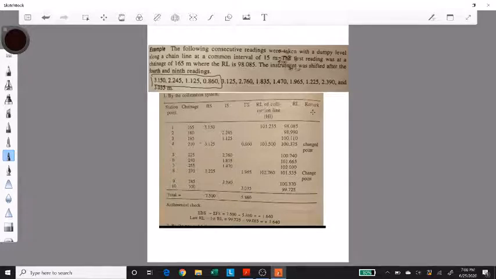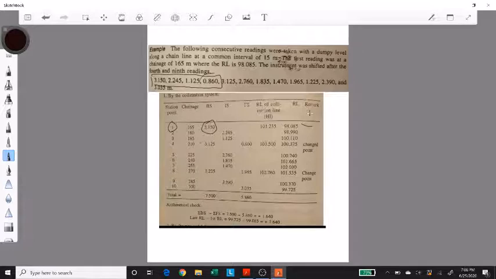If these are one set of readings, the first reading was taken at the point of known reduced level, which was the benchmark, where the reduced level was 98.085, and that reading would be called the backside. So the first reading is taken at the first station point, and that becomes your backside. And the last reading in any setting of the apparatus is the foresight. We know that.